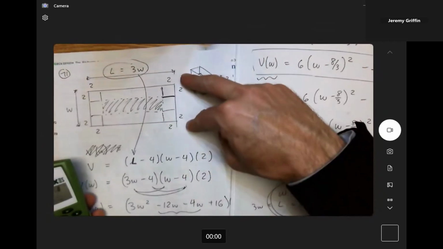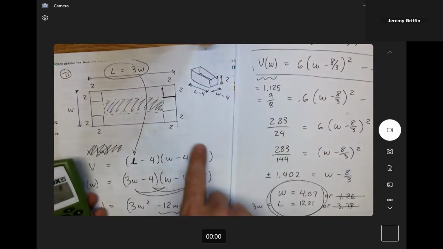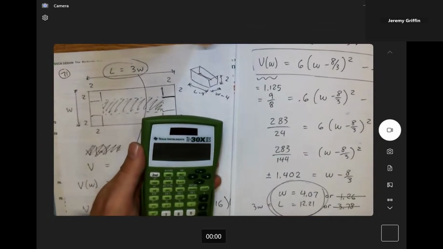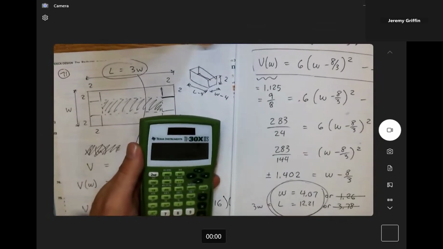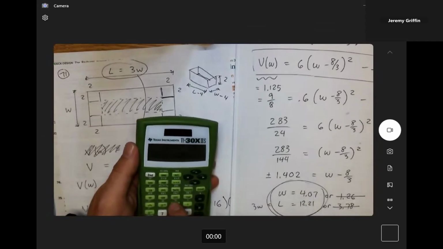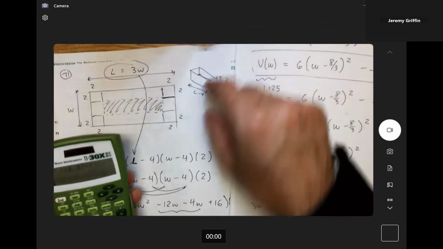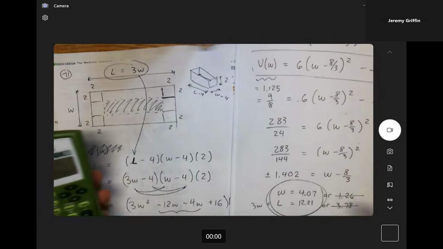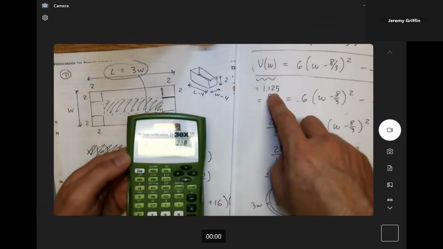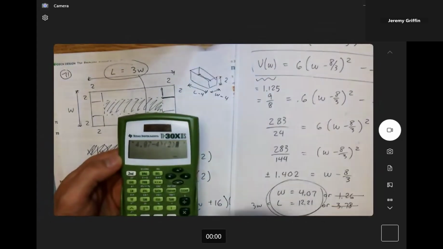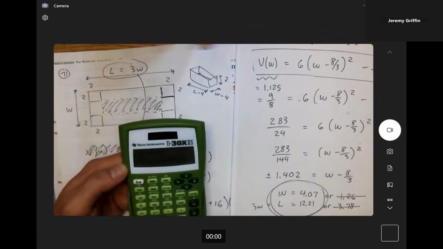The width of the box would be W minus 4, which we talked about earlier. So that'd be 4.07 minus 4, which is real skinny. That still works, I guess. And a height, it's got to be 2, as a fixed number. Okay, so if this says something pretty close to 1.125, because I did round a little bit, then we're good.